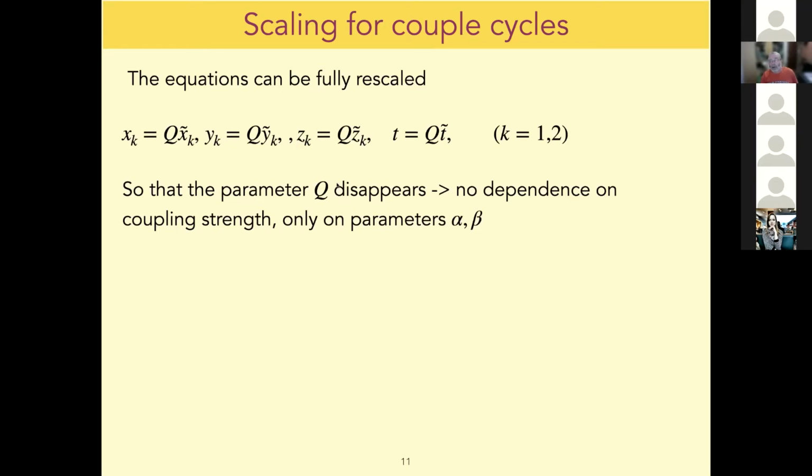Although in the real system we have Q as a bifurcation parameter, in the piecewise constant approximation it just disappears from the equations, which in some sense means that this representation probably captures the asymptotic limit when Q goes to infinity. And there are only two parameters, alpha and beta, which remain.